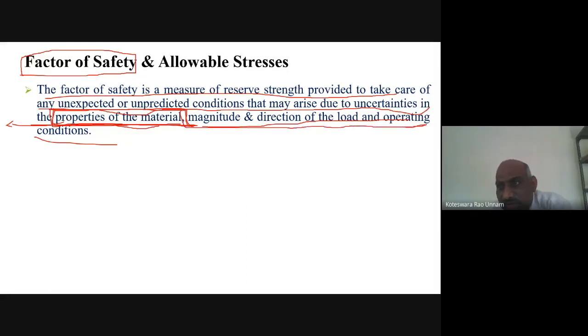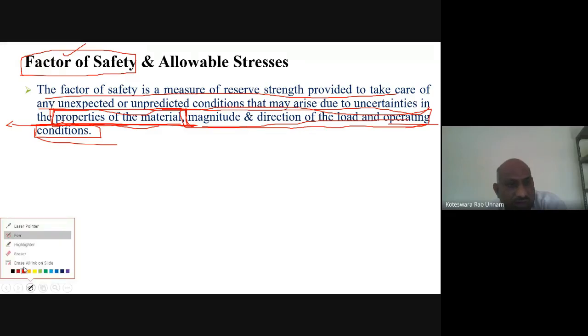Based on the given conditions, sometimes the estimation may not be accurate, maybe because there may be a change in some operating conditions. Therefore, to accommodate all these variations or fluctuations in the conditions, we need to provide a reserve strength. That reserve strength is provided in the form of a factor of safety.